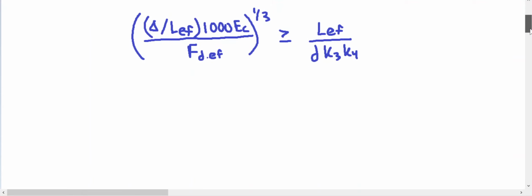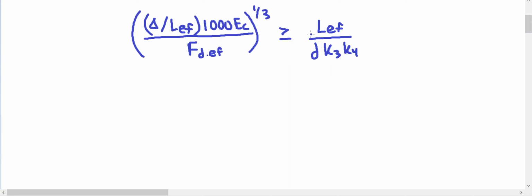So to further get delta by itself, we need to undo this 1/3 power. The way you can do that is just raise both sides to the 3. That'll cancel out this. So we're effectively doing this operation: cubing that side and cubing this side.